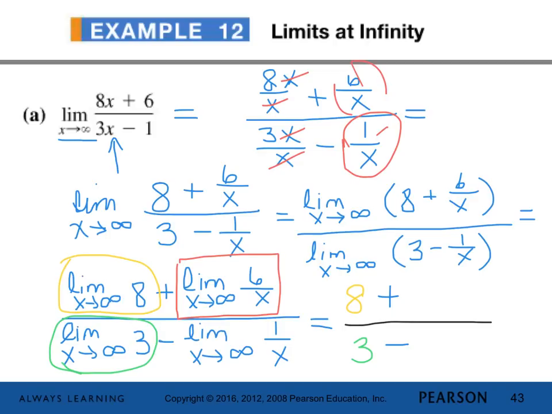It is not going to disappear. It's going to get very small, but it's never going to completely disappear. It's going to get very, very close to 0. But it's not ever going to actually be 0. And by the same token, no matter how big x gets, the quantity of 1 over x just gets smaller and smaller until it gets really, really close to 0.